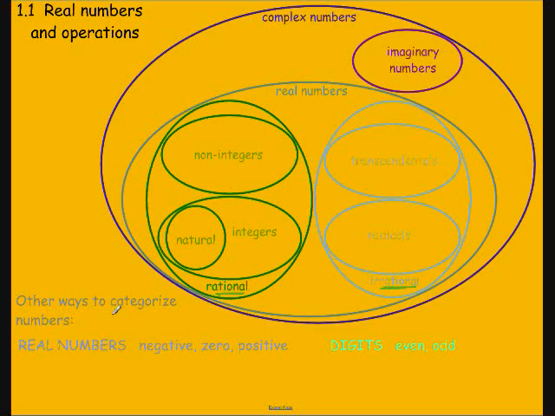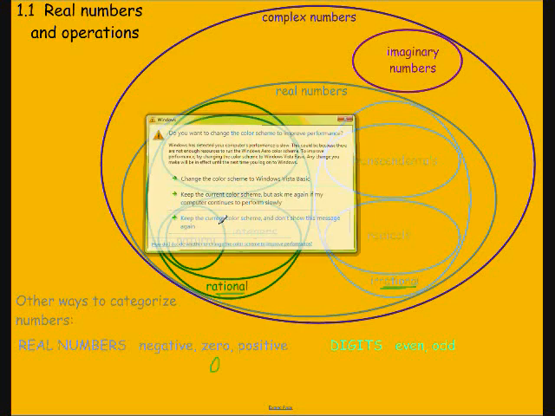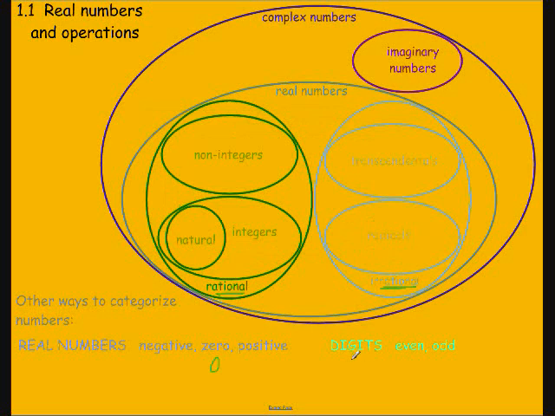There are other ways that we might categorize numbers. We could say about real numbers that we could talk about whether they're negative or positive. By the way, 0 is a real number. It's neither negative nor positive. We could look at the digits in terms of whether they are odd or even.